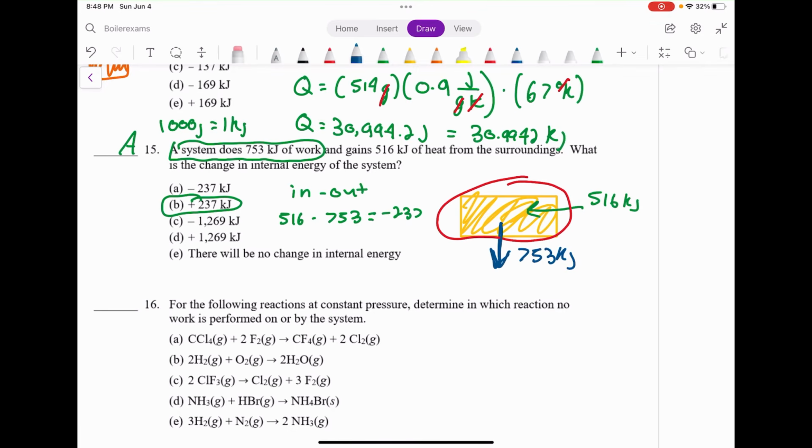And with the heat transfer, they explicitly say gaining energy, so we know that one's going to be positive. So you just got to be tipped off by the wording of the sentence to figure out what's coming in, what's leaving, what's positive, what's negative. So for 15, we get A.